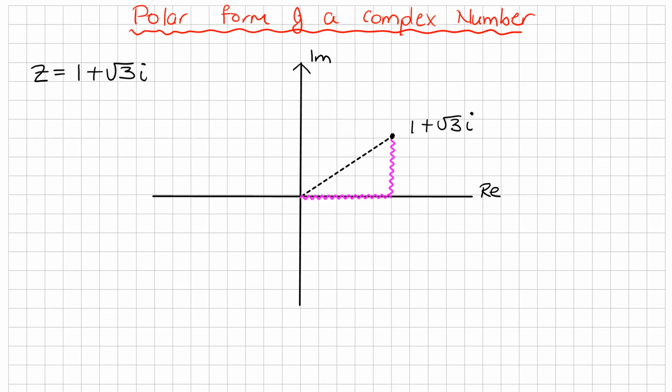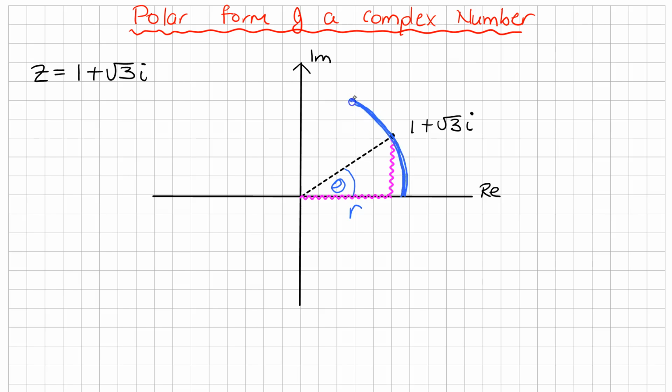Another way of getting to that number is going out by some amount and then swinging an angle. So there's our angle theta. You come out some radius r and you swing an angle theta. This is your radius r.